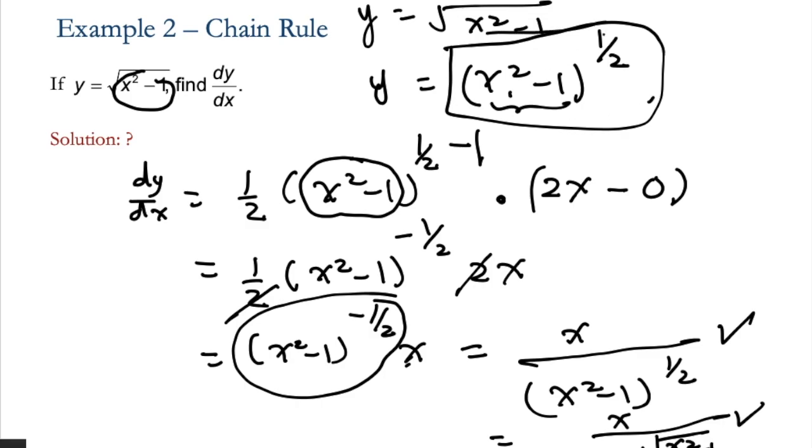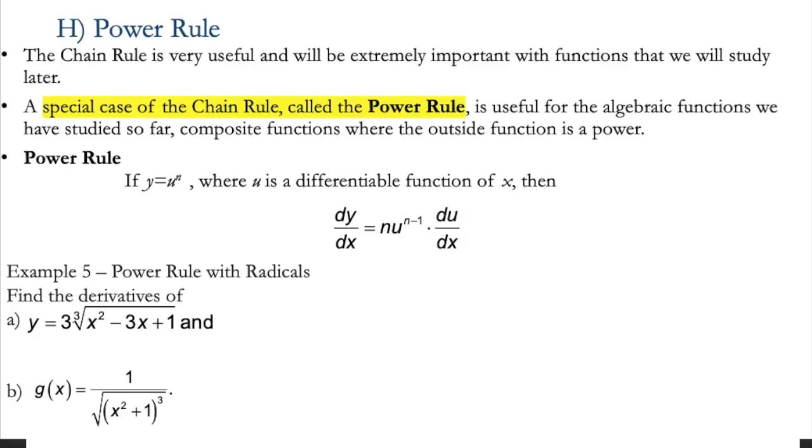I mean, the bigger function is the square root, and inside the square root function, there is another function. So you can see it is a composite function. For any kind of composite function, to do a derivative using the chain rule, the more specific one is power rule. If y is equivalent to u to the power of n, where u is differentiable, then the formula looks like this.